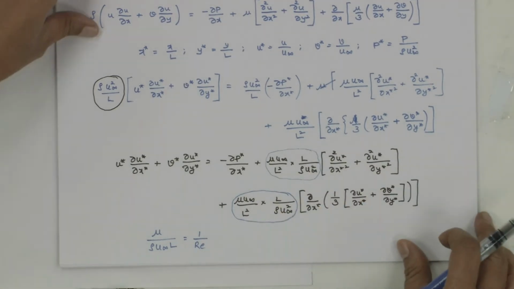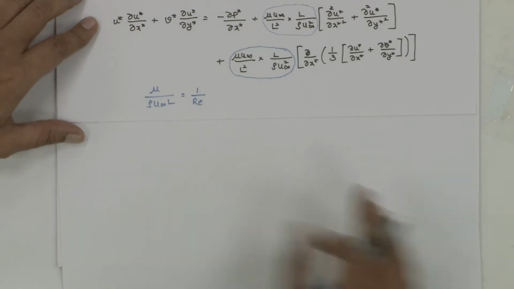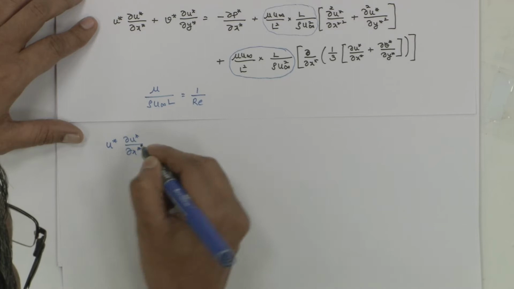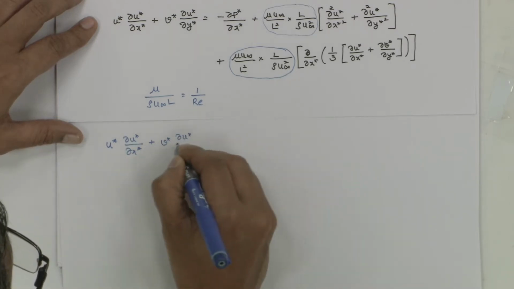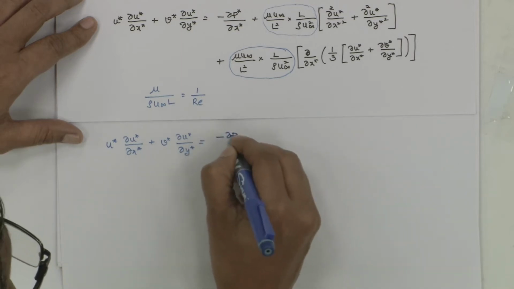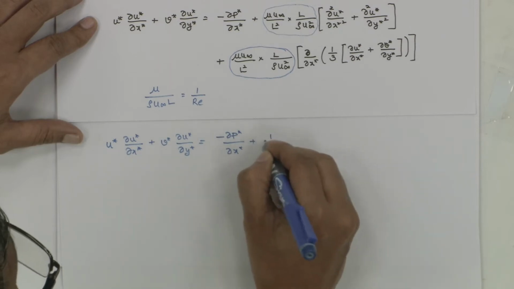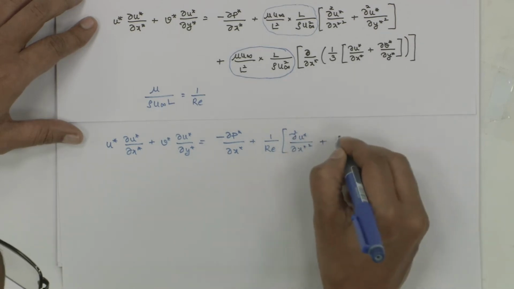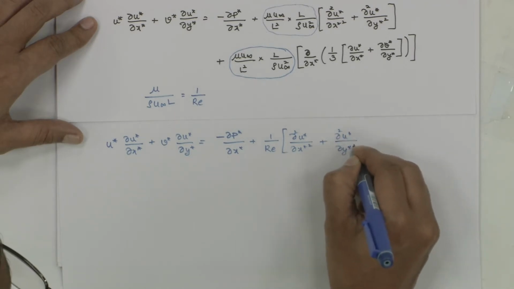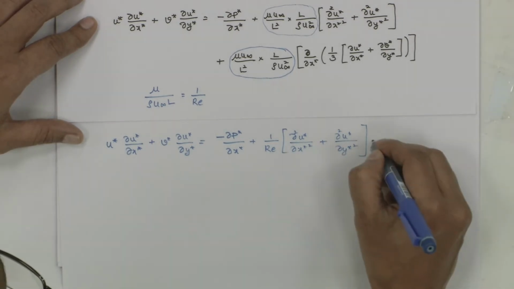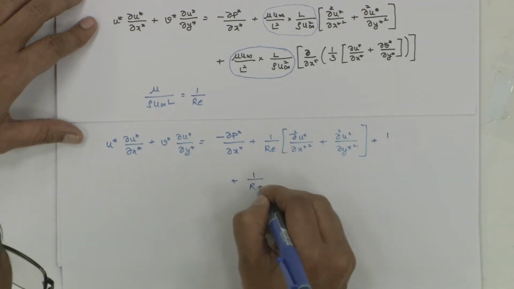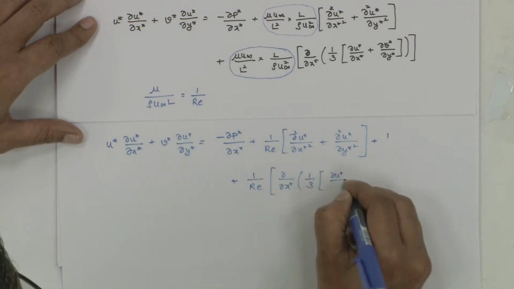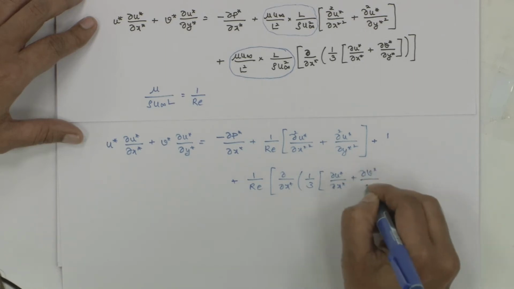If I write the equation now, I get u star del u star upon del x star plus v star del u star upon del y star equal to minus del p star upon del x star plus 1 by Re into del squared u star upon del x star squared plus del squared u star upon del y star squared, plus 1 by Re del by del x star into 1 by 3 of del u star upon del x star plus del v star upon del y star.